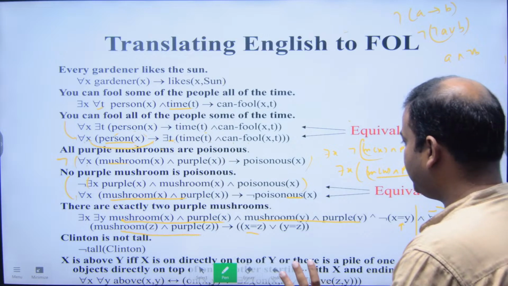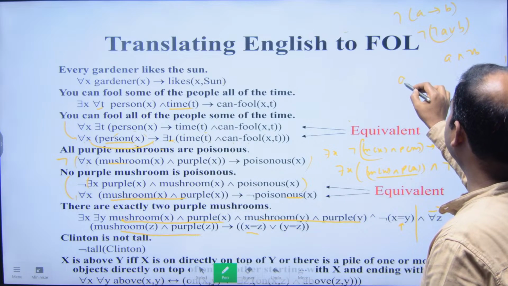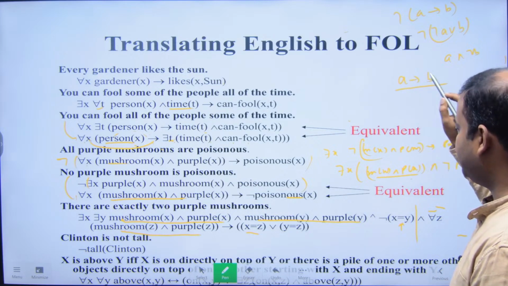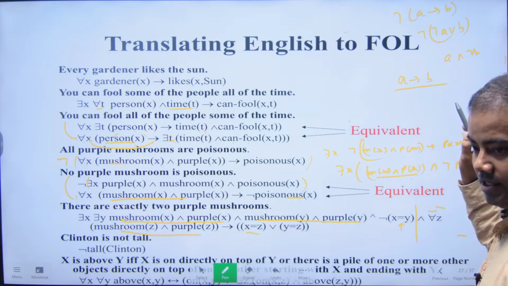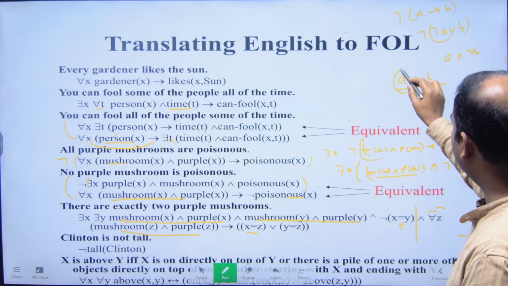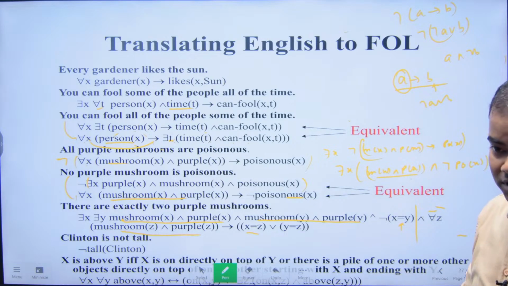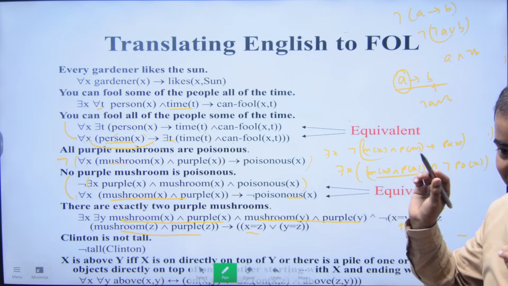It means what? Whenever a conditional statement is given, what do you mean by that? First condition is not true, or second condition is true.